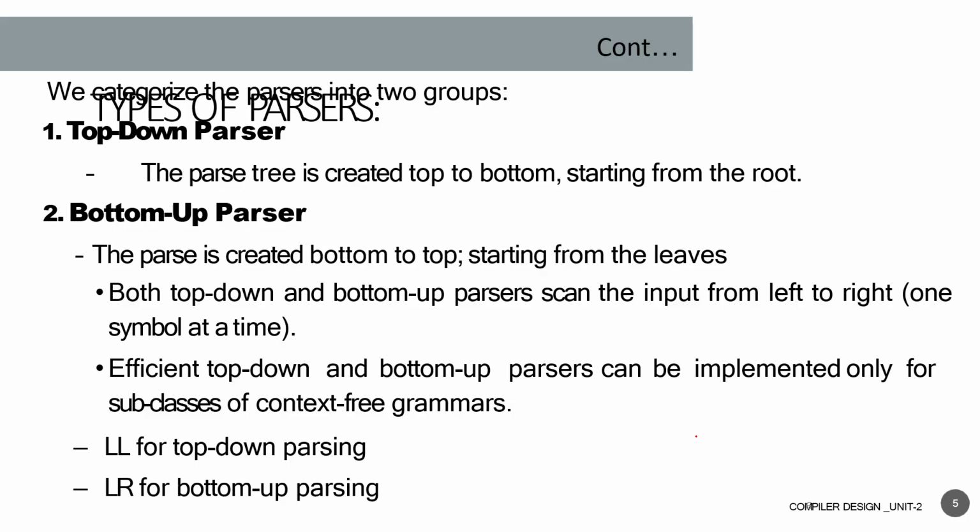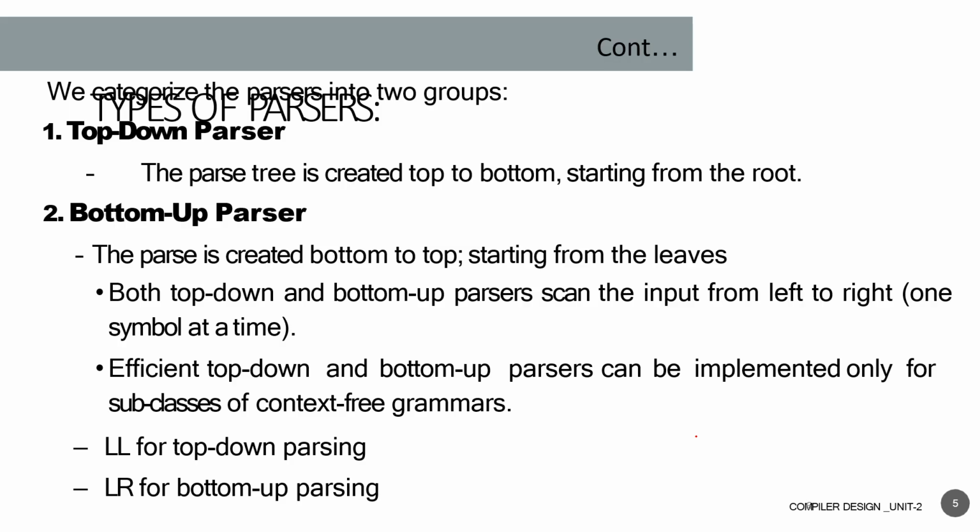As I mentioned, there are two types of parser: top-down parser and bottom-up parser. In the top-down parser, the parse tree is created from top to bottom, that is, starting from the root. In the bottom-up parser, the parse tree is created from bottom to top, that is, starting from the leaves.